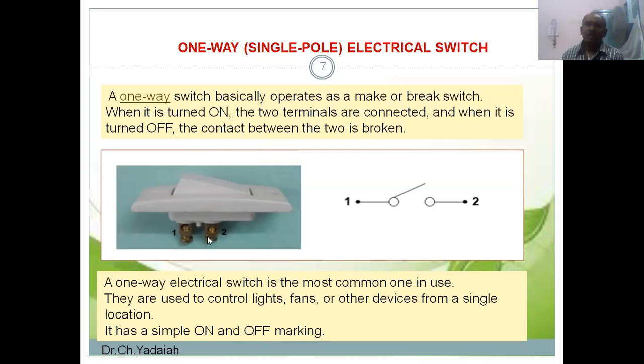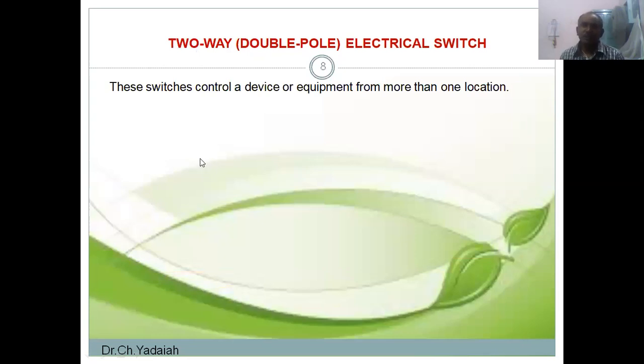Coming to the double-way or two-way switches. These switches control a device or equipment from more than one location. In previous cases, only one load and one switch could be controlled. By using two-way switches, a single load is controlled from two different places. Already you learned this in first year, the staircase connection.